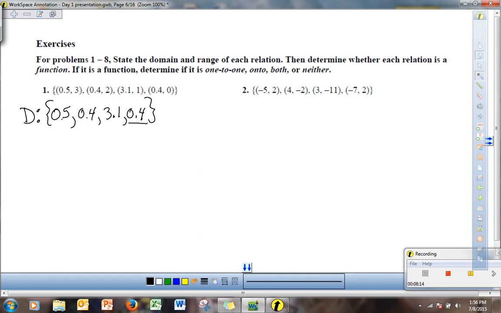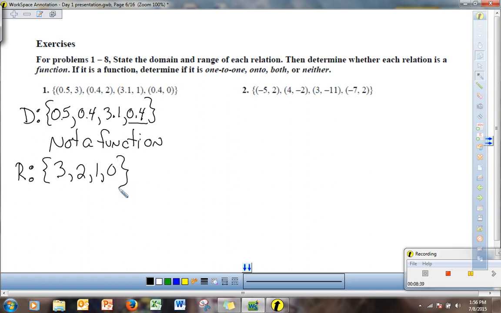While I'm here, since a domain was used twice, this thing is not a function. To finish it up then, the range is just going to be the y values. So it looks like I got a 3, a 2, a 1, and a 0. That's all there is to it.